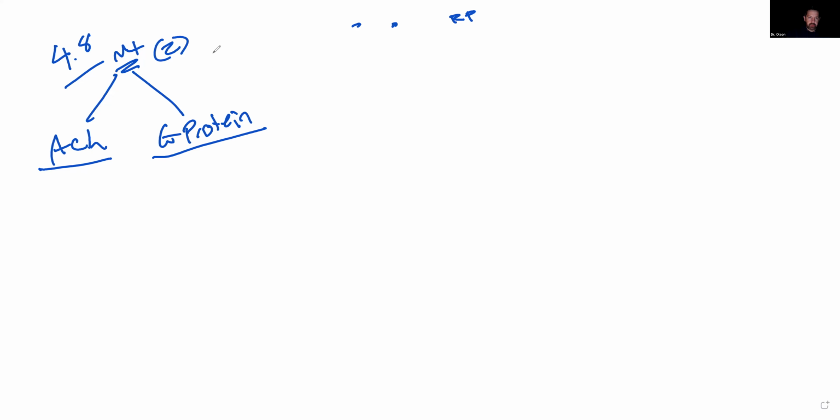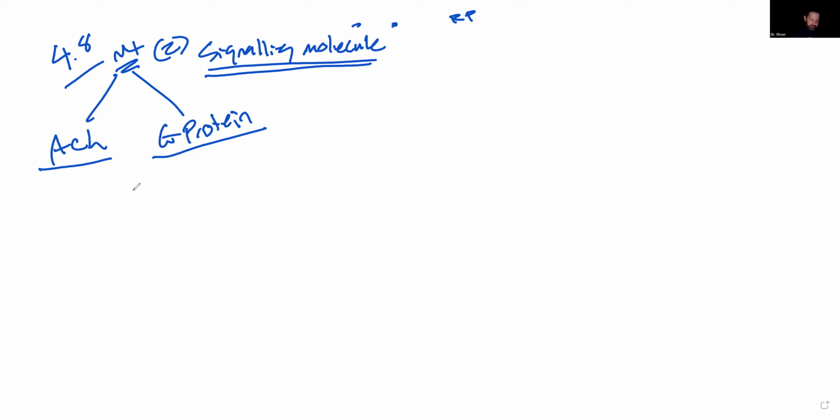Let's first just say what a neurotransmitter is. A neurotransmitter is a signaling molecule, and it's secreted from a neuron to affect some other cell, or across some sort of synapse. We looked at all that, but it is a signaling molecule.